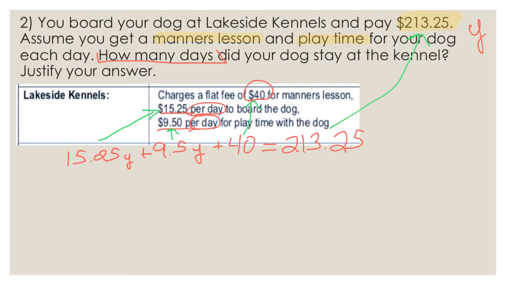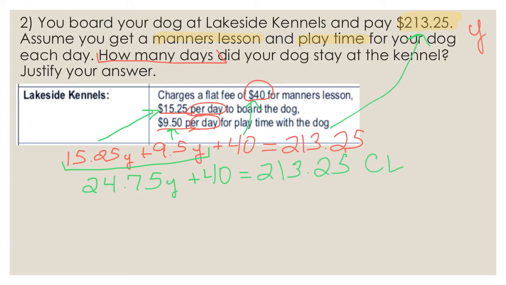So now let's work on solving this. First thing we do is combine my like terms. So when I combine the 15.25y and the 9.5y, I get 24.75y plus 40 equals 213.25. Again, I was collecting or combining like terms.